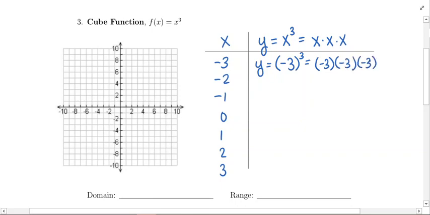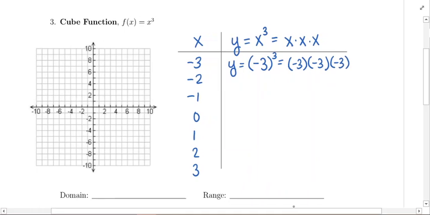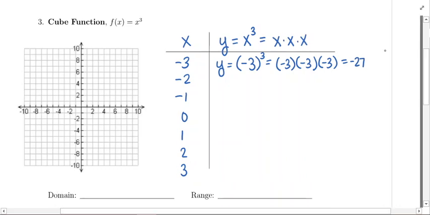So it's -3 times -3 times -3. If we simplify, -3 times -3 is +9 times -3 is going to give us -27. So the point that we would plot on the graph is -3, -27. If x is -3, the y value is -27.